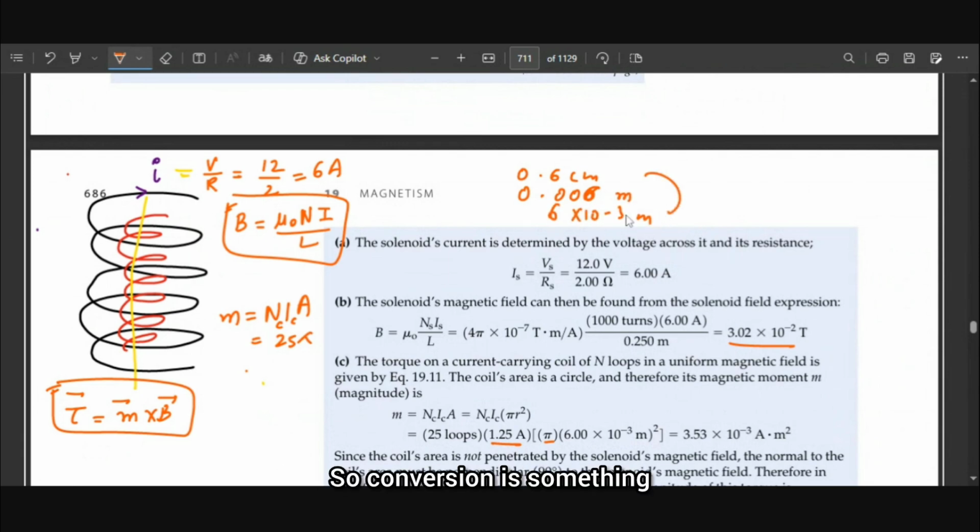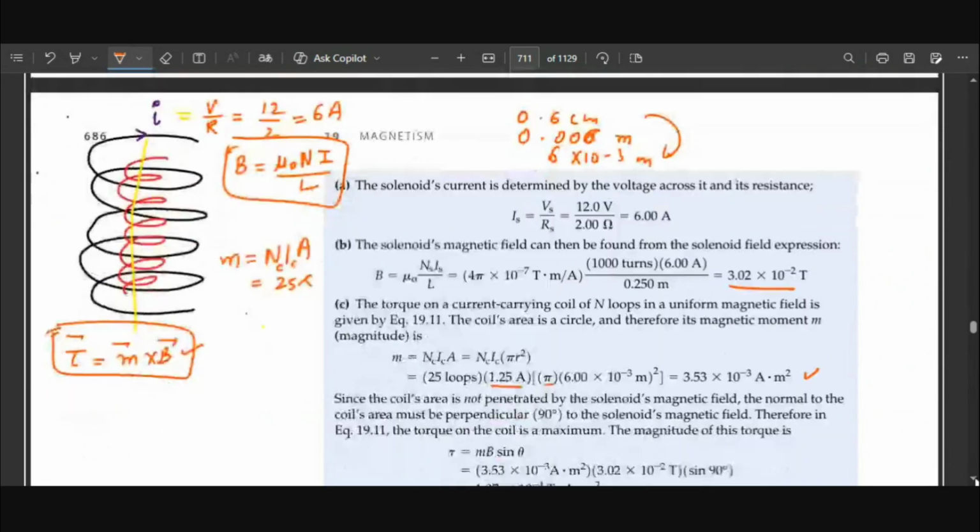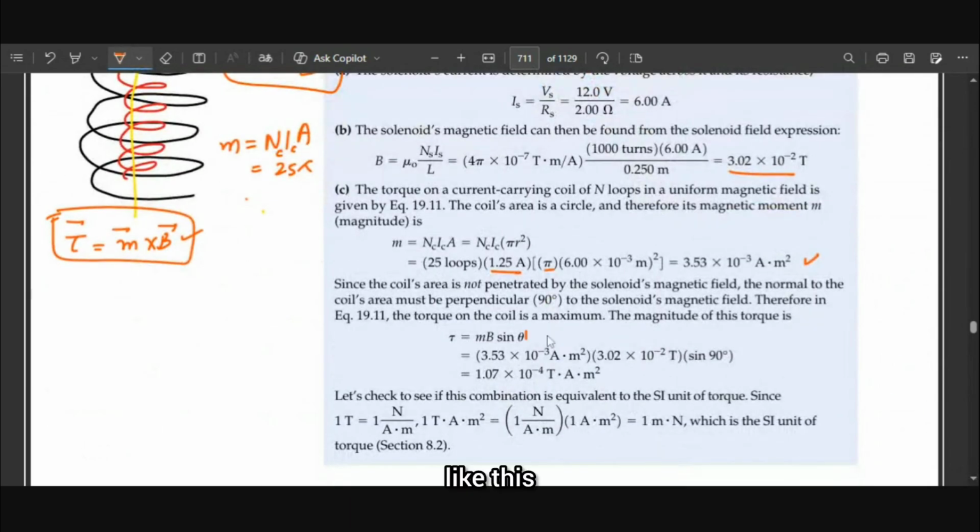Conversion is important, and we have to solve every question in SI units, considering meters. Keep that in mind. Once you get the value of M, we simply multiply it with the value of B and get the torque. If we solve this, we will get the value of torque.